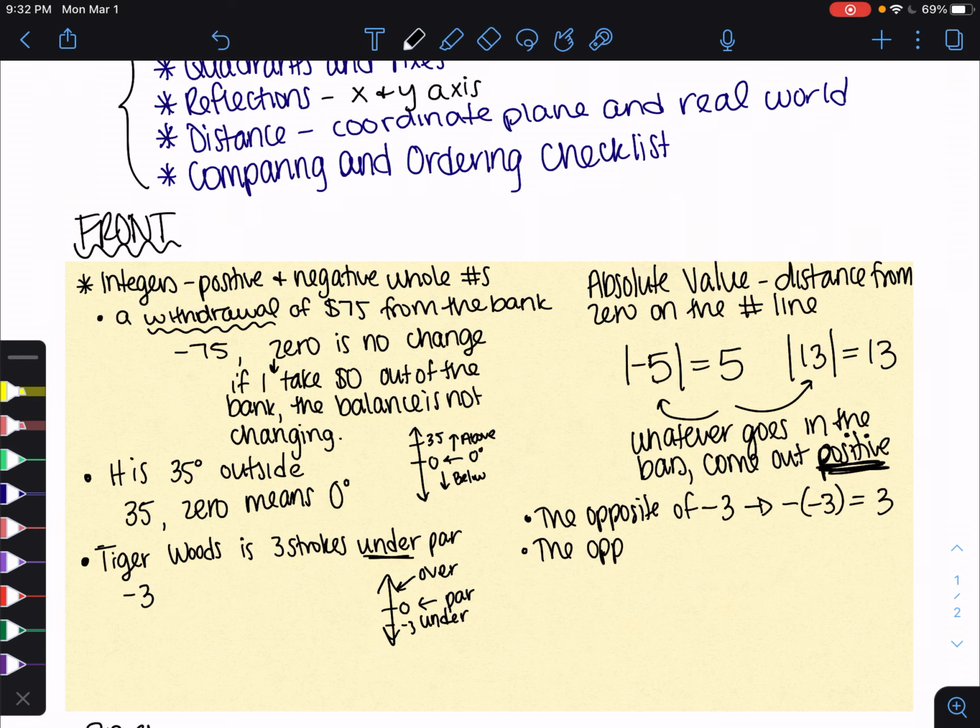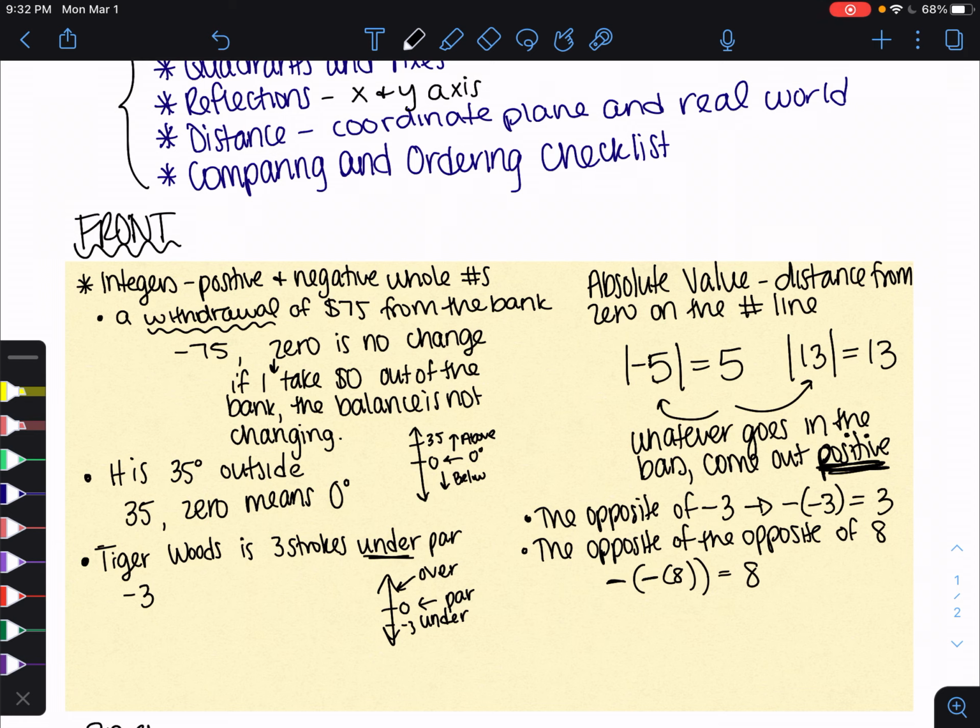The opposite of the opposite of 8. This first opposite is going to be a negative. The second opposite is going to be a negative. The opposite of the opposite is going to make this remain a +8. And I could show many other examples of this as well.